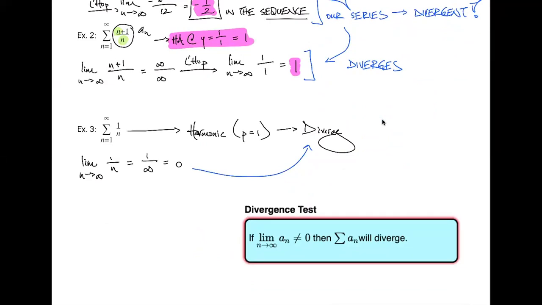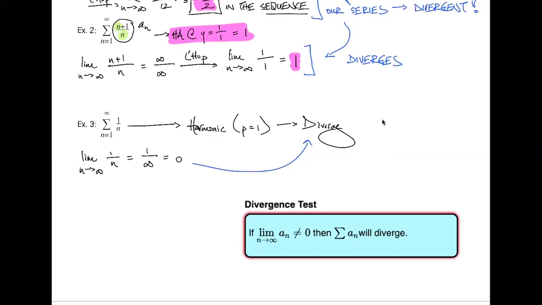Okay. So if you take the limit as n approaches infinity and you get -1/2, like in example 1, or a 1, like in example 2, you know right there that series is going to diverge. Does that make sense? Yes. Okay.